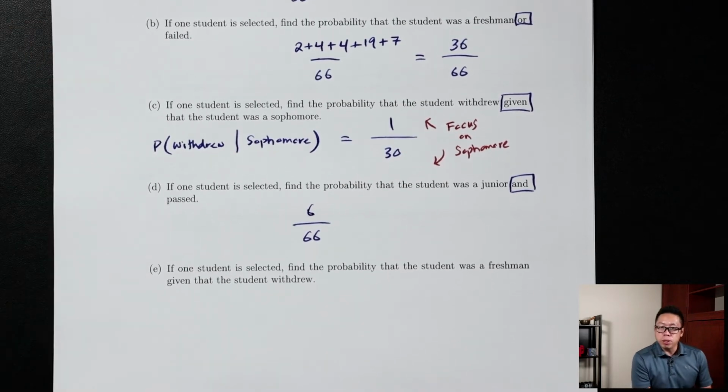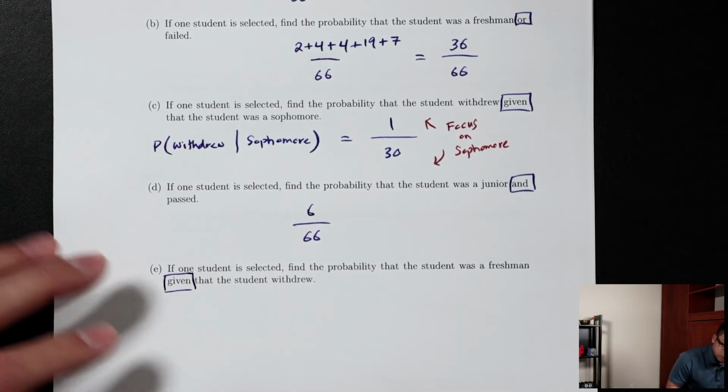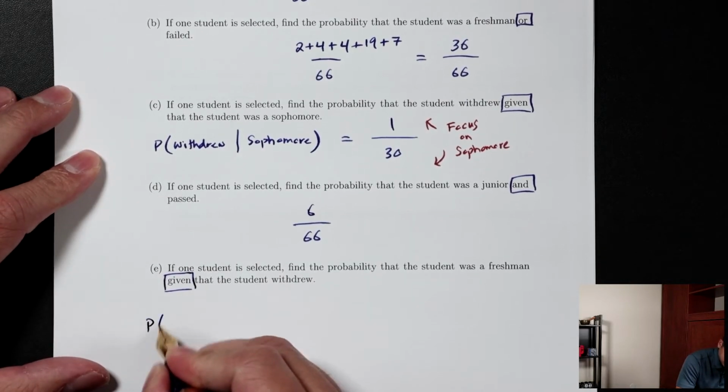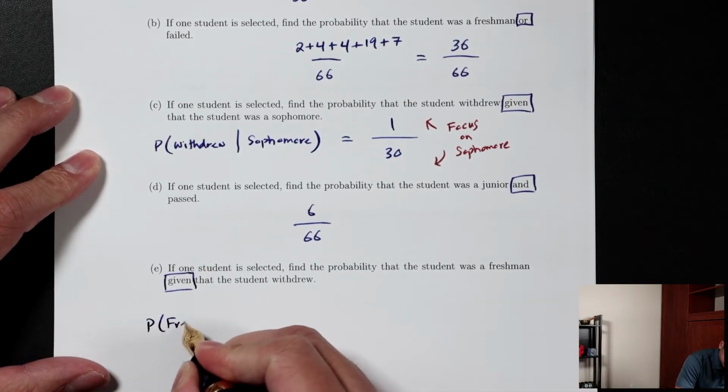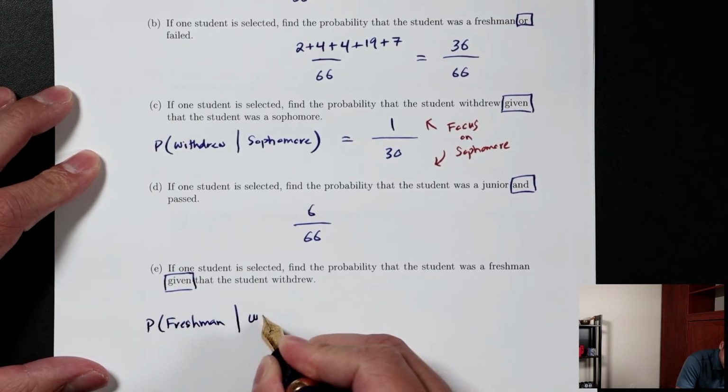Part E, if one student is selected, find the probability that the student was a freshman given that the student withdrew. Keyword is given. So I'm looking for probability freshman given withdrew.